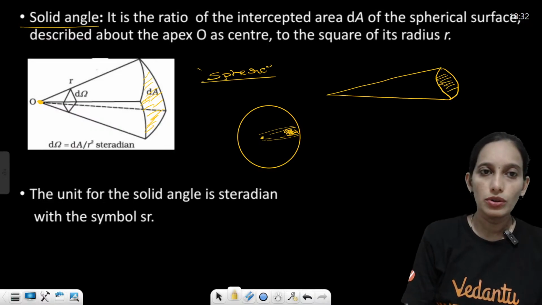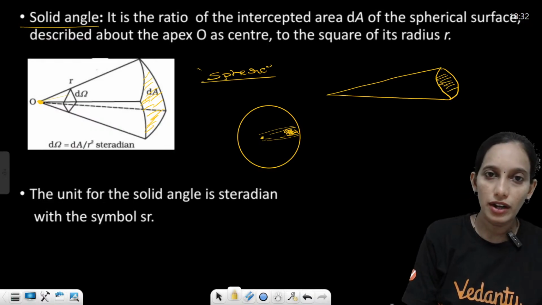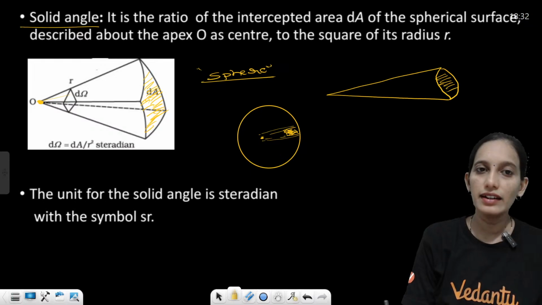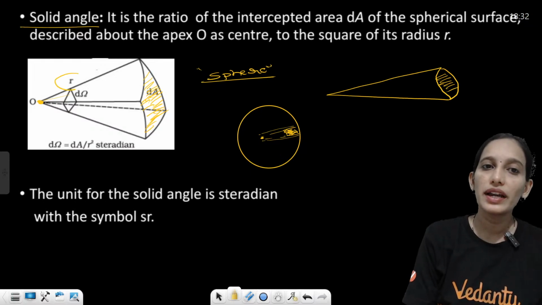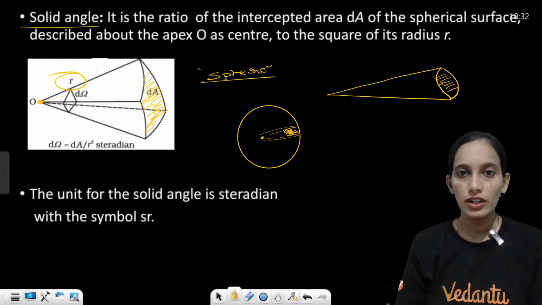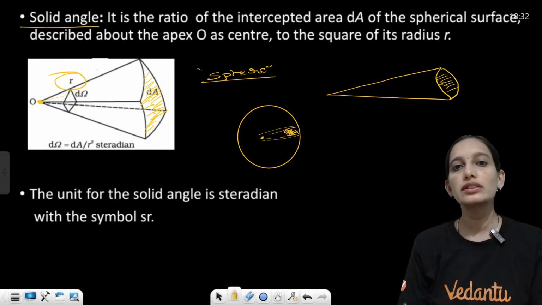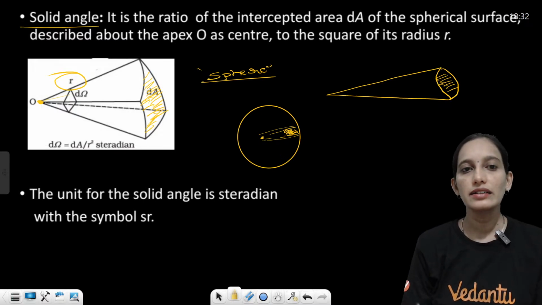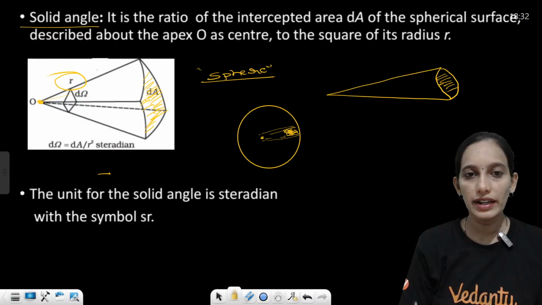Now we have to find this surface area divided by the square of the radius. That gives us the solid angle d omega. This is the omega notation.